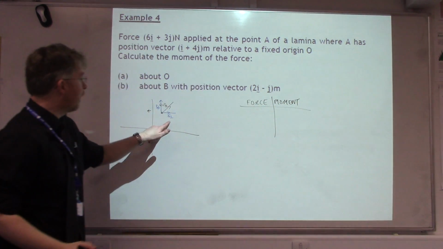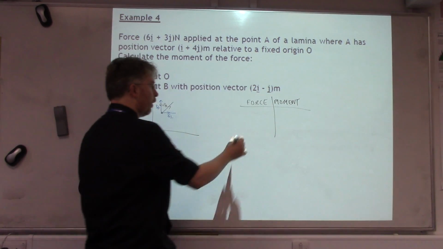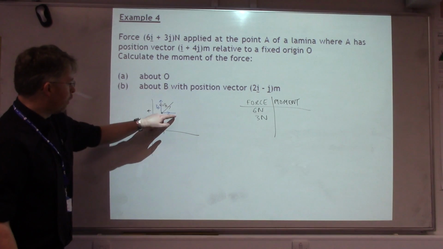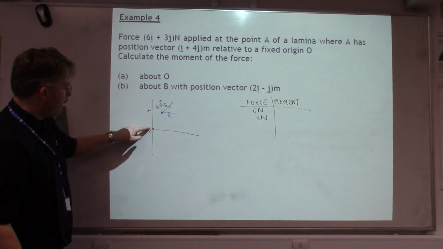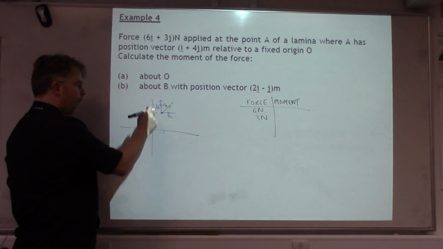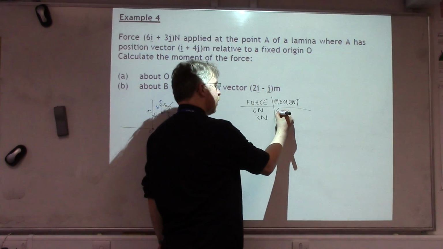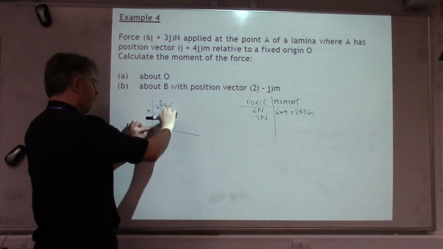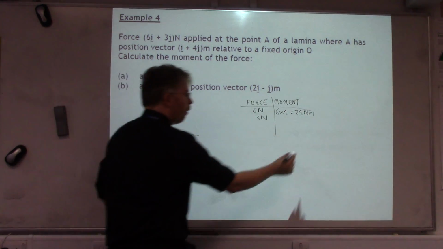So we've got basically a 6 newton force and a 3 newton force. So the 6 newton force has a perpendicular distance of 4, so 6 times 4 is 24 Newton metres, and the 6i force would rotate clockwise.